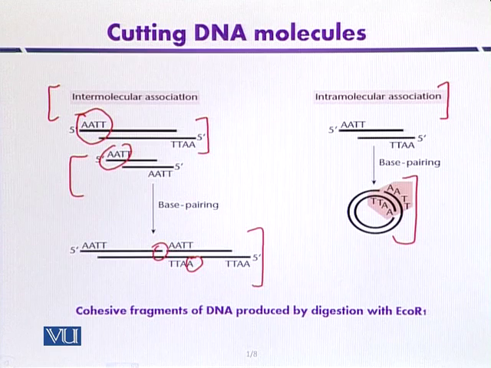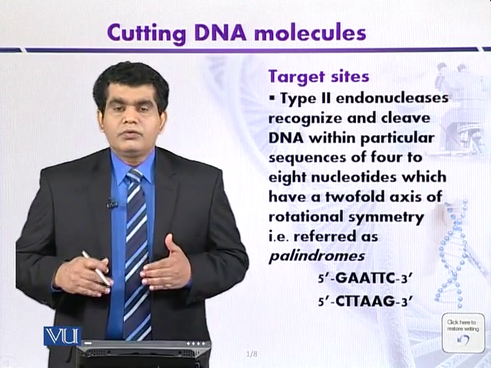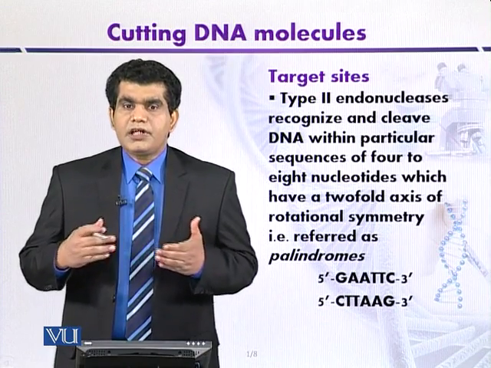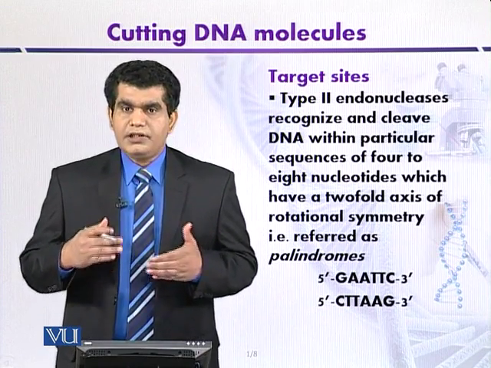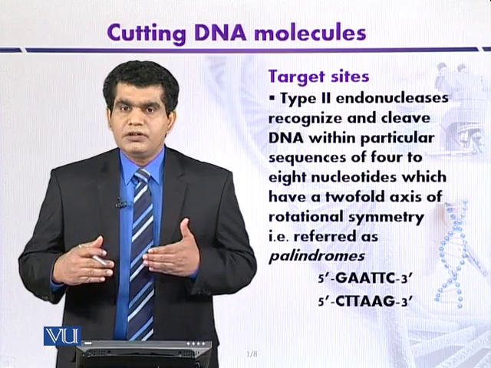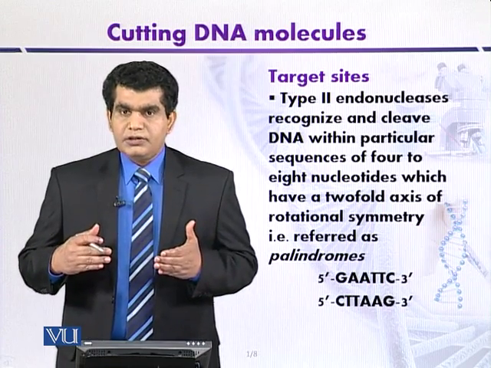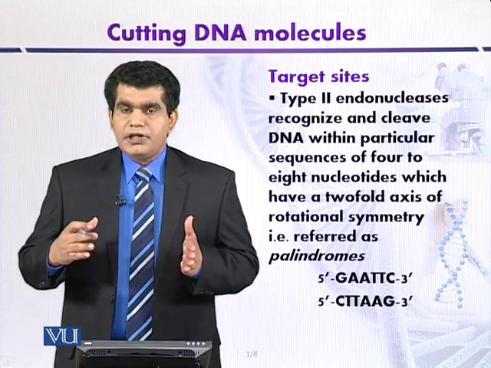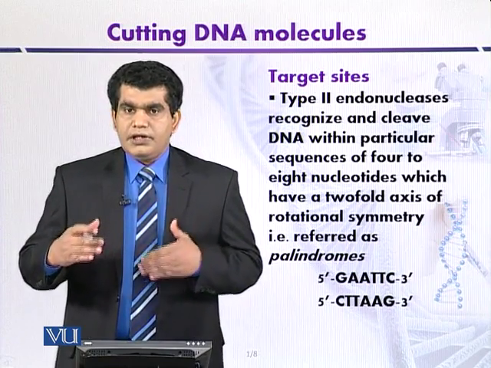So sometimes transformants have the foreign DNA, and sometimes intramolecular association occurs where no foreign DNA is there. From this discussion we can say that restriction enzymes may be of different types and recognize different recognition sequences, and even the fragments they produce can vary in length.